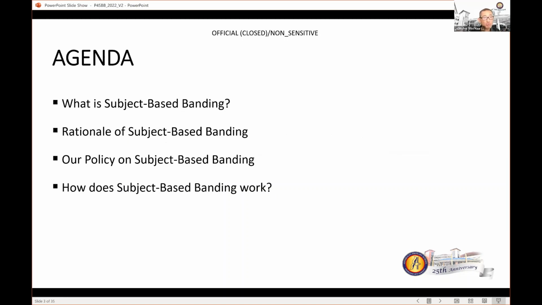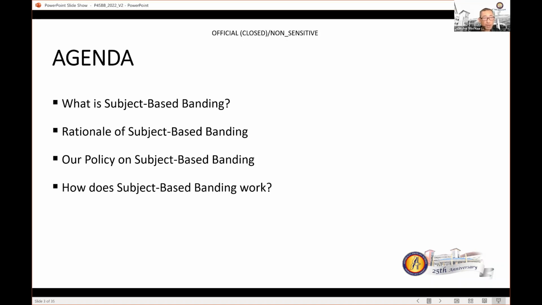But each school will have our own slight adjustment in terms of how we approach doing the subject-based banding. So while we understand the national guidelines, we would still want to pay attention to what each school is doing in terms of the actual way that we do our subject-based banding.